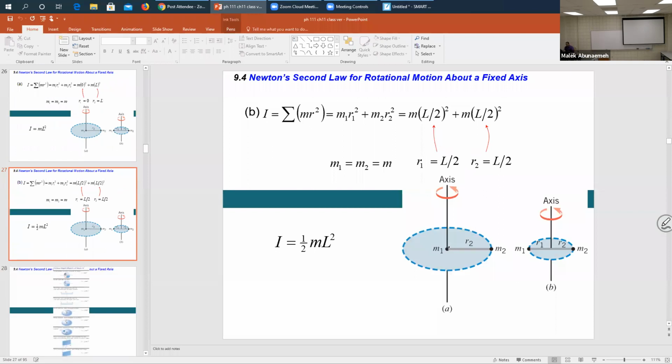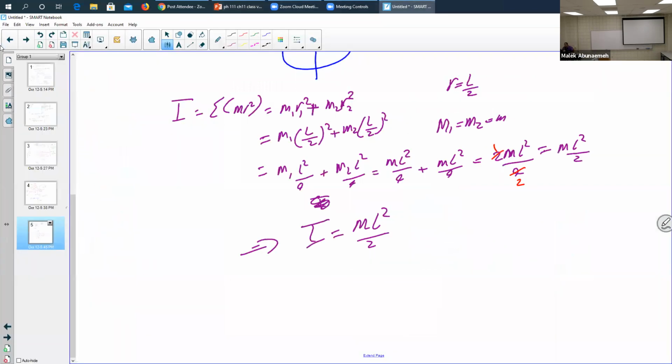For the second one, your R equals L over 2. If this whole thing is L, this is L over 2, and this is L over 2. That means your moment of inertia equals M L over 2 squared plus M L over 2 squared. And again, both methods are the same, so you're going to end up getting your moment of inertia as one half M L squared. Awesome.